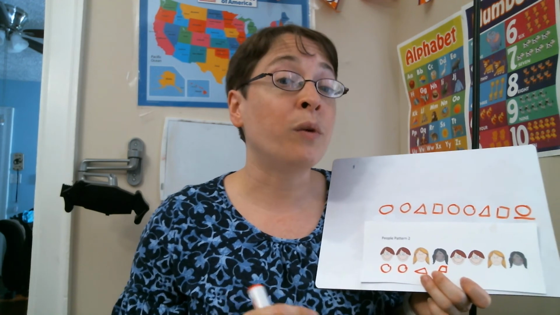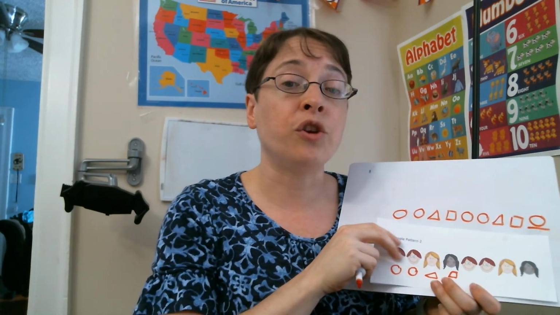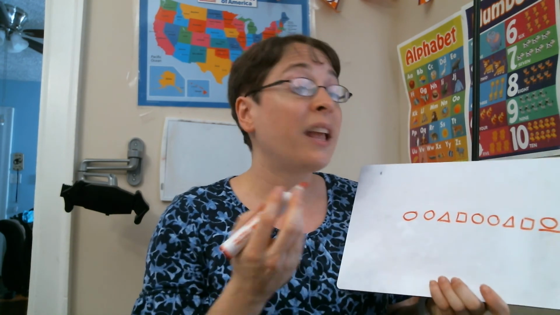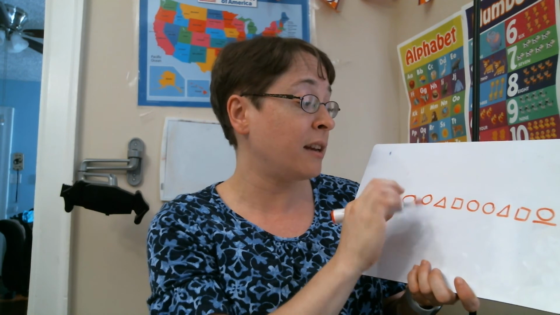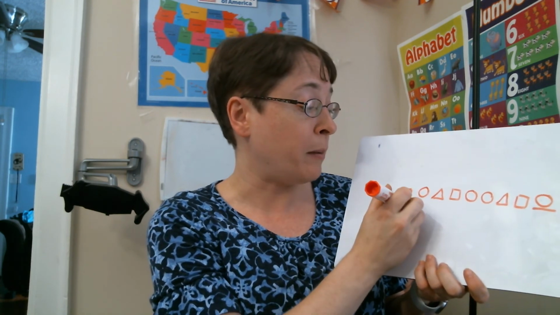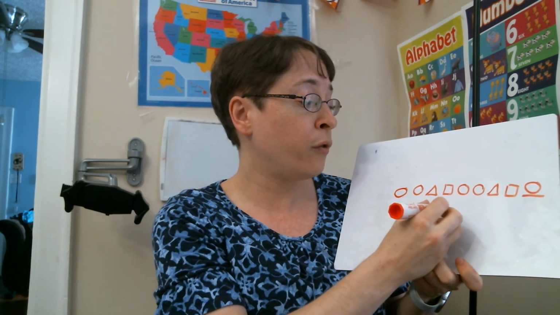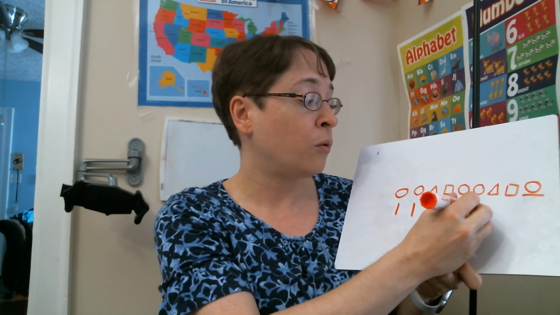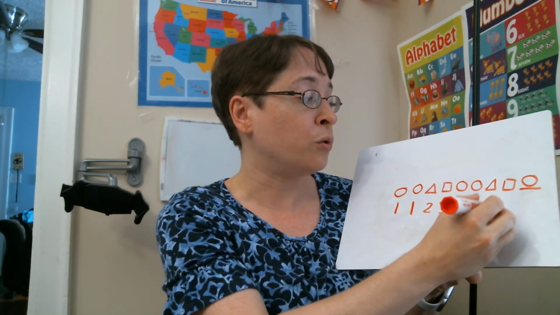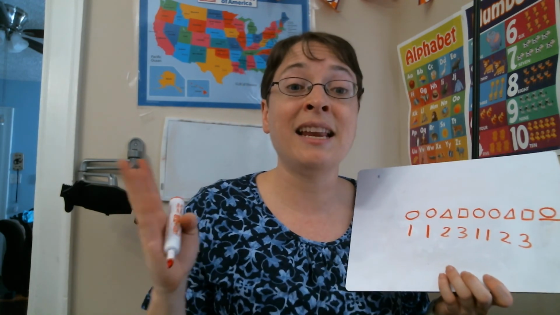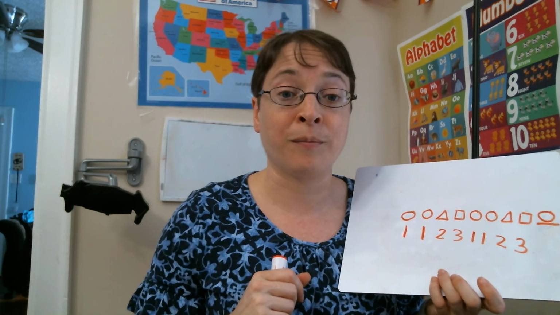So again, with patterns, you can use colors to show your pattern, or you can use shapes, even numbers. So I can assign circles, maybe 1, 1, 2, 3. 1, 1, 2, 3. So you can assign anything you want with a pattern.